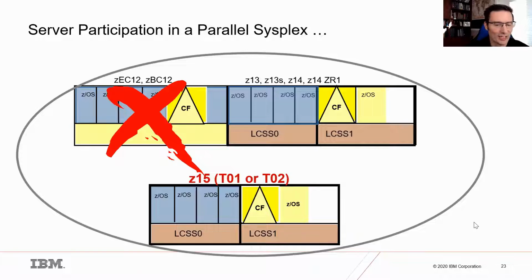Because of what I just said about the N-2, the z15 is not supported to be in the same parallel Sysplex as a zEC12 or zBC12. So you're going to have to roll that one off the floor when you move your z15 in. Now, when you actually try to do the coupling links between these machines, you're going to need to make sure that things are configured correctly, and that will be a segue into the next slide.